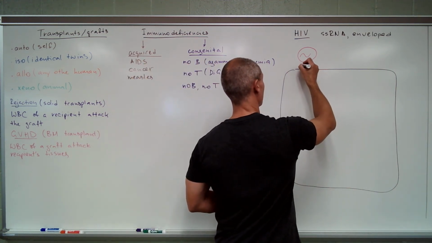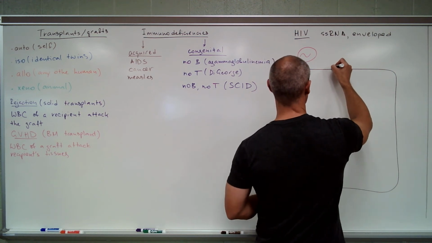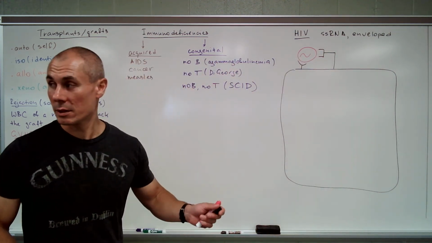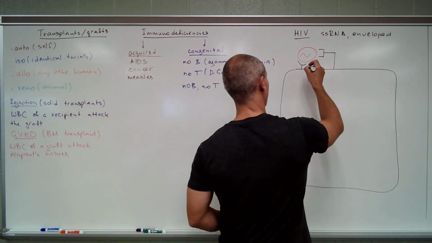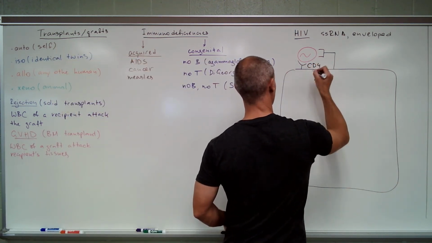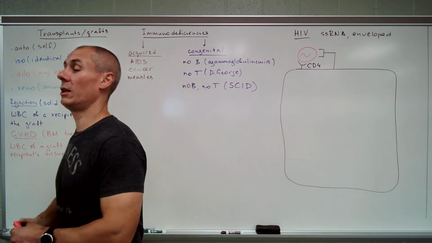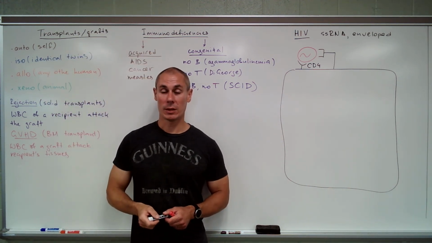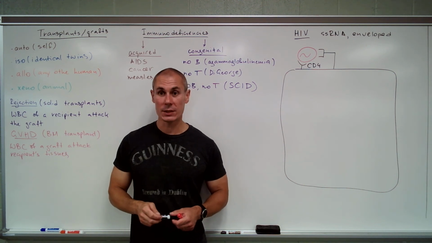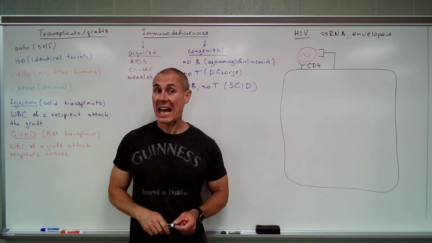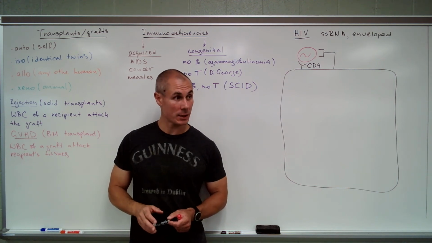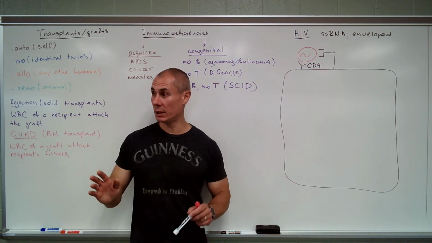So it needs one, and it needs another. Again, this is schematic, right? So one of them is always the CD4 molecule, and yes, it is CD4 from T cells, right? So this virus infects CD4 T cells. It can infect macrophages, but for our intents and purposes, we're going to focus on CD4 T cells.